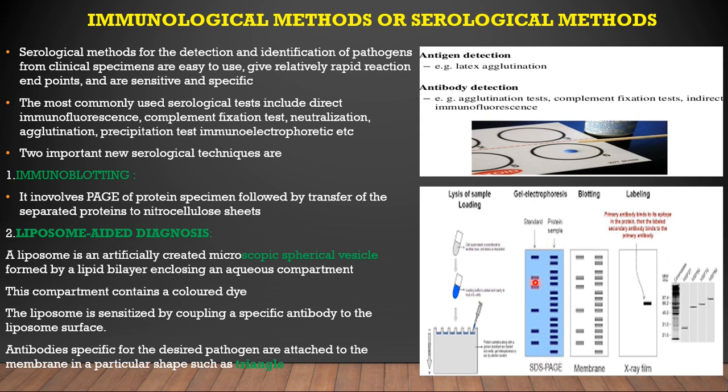Here you can see a gel run and then it was transferred onto it, and the protein bands are then visualized by treating the nitrocellulose sheets with a solution of dye-tagged antibodies.